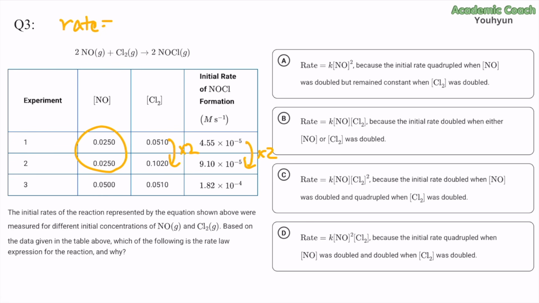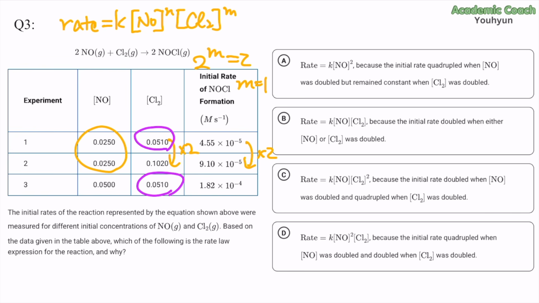So if the rate law is K times NO to the power of n times Cl2 to the power of m, this means that 2 to the power of m is equal to 2. So m is equal to 1. And now we can compare experiment 1 and 3. Then for chlorine, the concentration remains the same, while the concentration for nitrogen monoxide doubles.